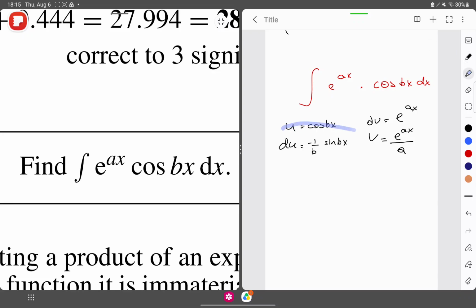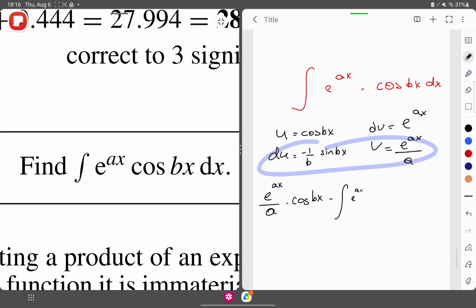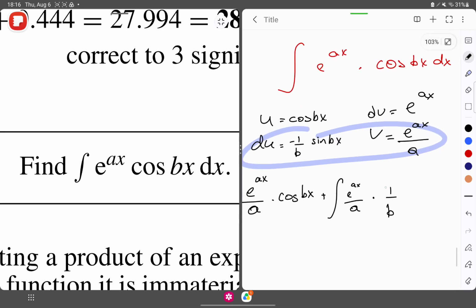They will be together according to our formula. E to the power of ax over a times cos bx minus the integral of e to the power of ax over a times, just there is a negative and I don't want to write this negative, so it will be positive, 1 over b sine bx, 1 over b.